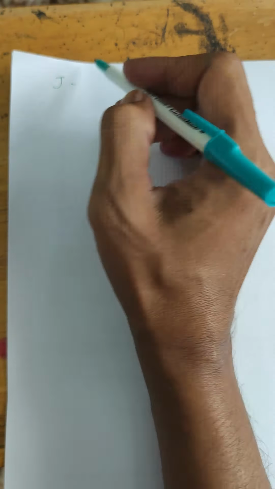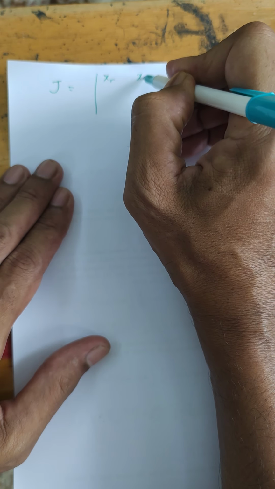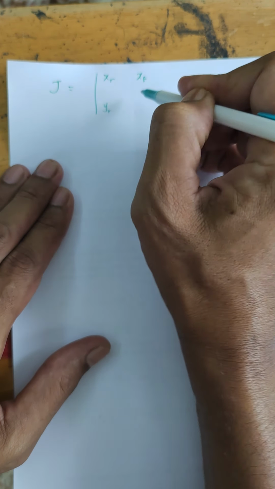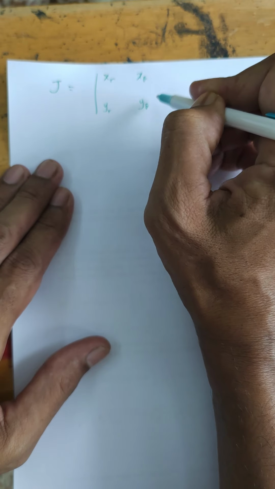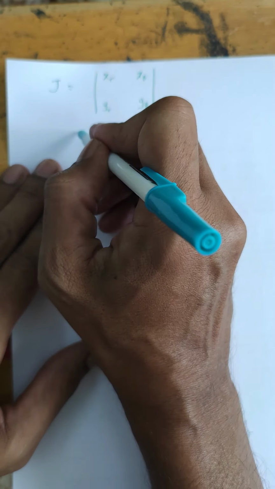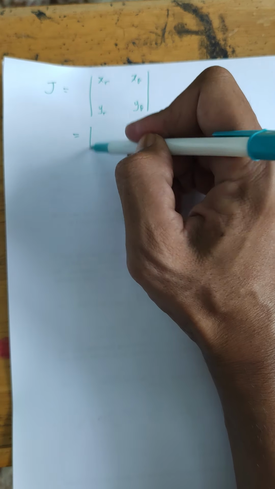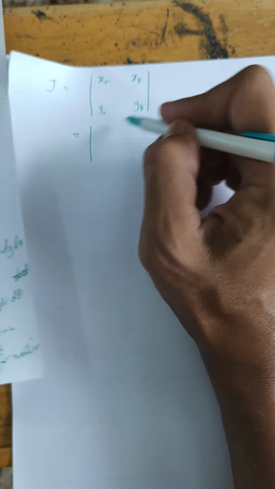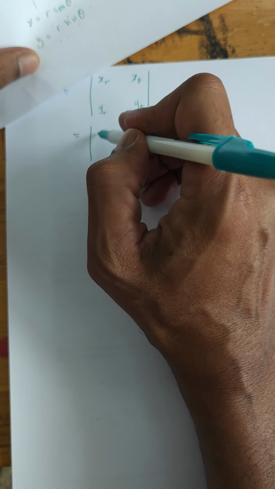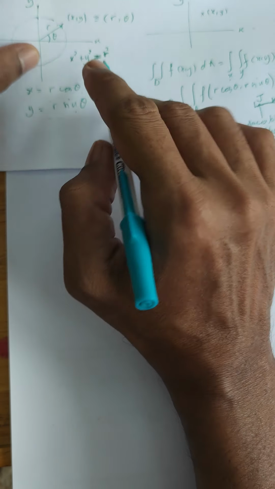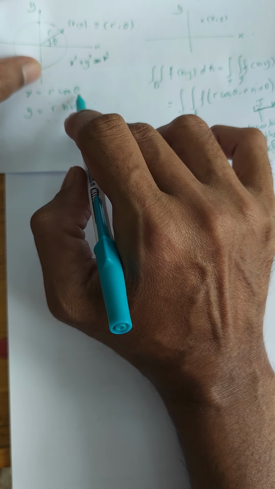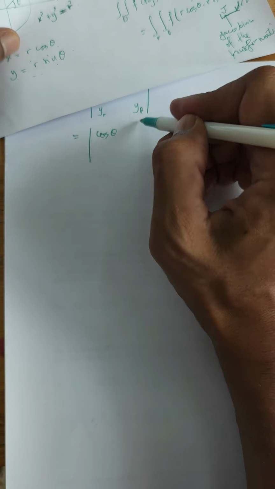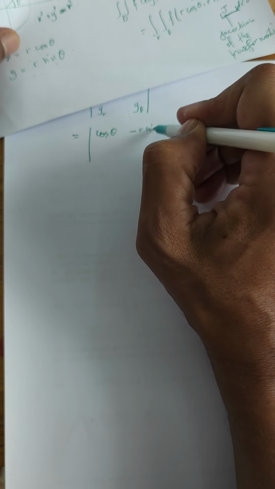It is given as: we differentiate x with respect to r, x with respect to theta, y with respect to r, and y with respect to theta. So if you do this, what we have now is the determinant of a 2 by 2 matrix. We differentiate with respect to r, that gives you cos theta. Differentiating with respect to theta gives you negative r sin theta.